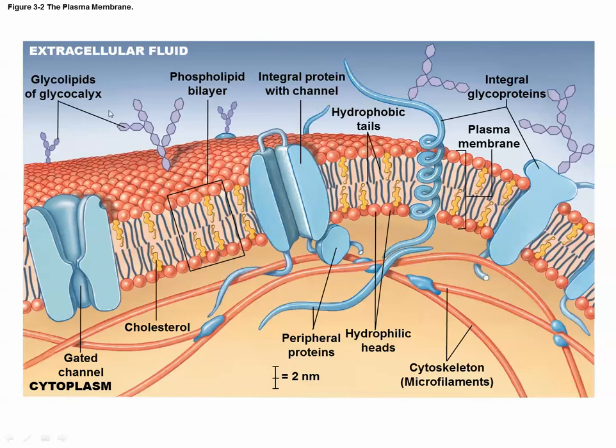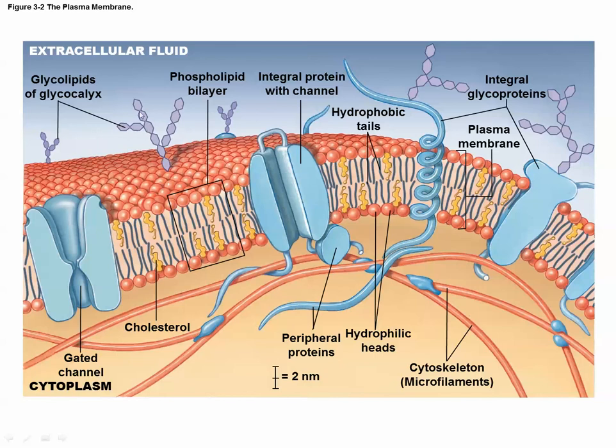The glycoproteins, or glycolipids in this case, that are also part of the cell membrane are signals. They're like little flags that stick up and say, hey, I'm a regular cell, I'm normal, don't attack me. So the immune system can recognize these as markers of normal cells that belong inside the body.